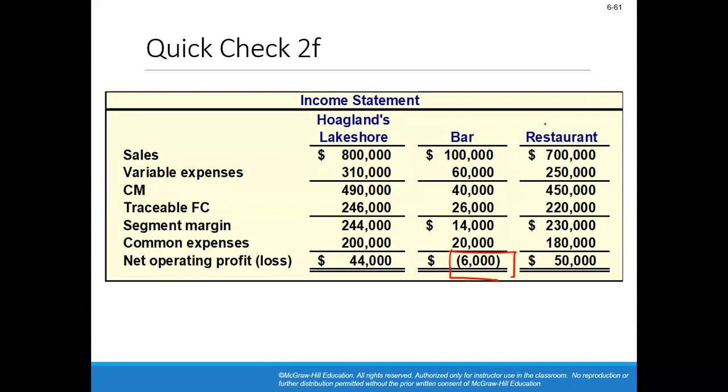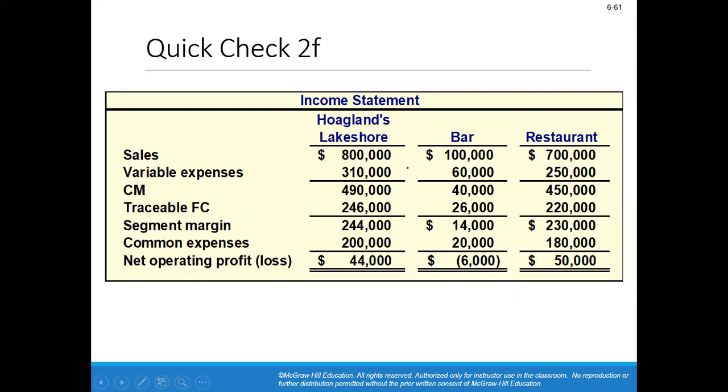Assuming that restaurant guests do not need the bar, the very straightforward decision is that you will not be operating the bar if you see that it is yielding a loss to you.